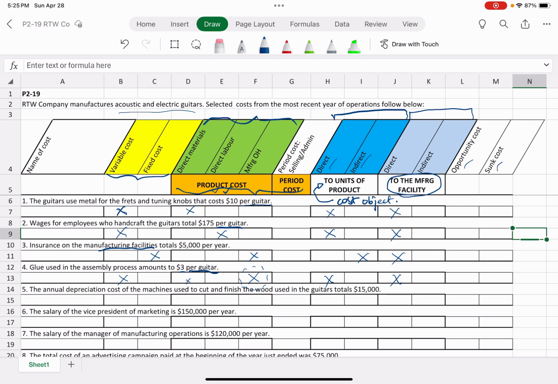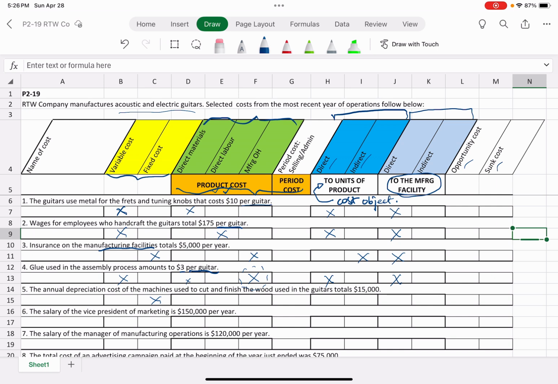The annual depreciation cost of the machines used to cut and finish the wood used in the guitars. Okay, assuming depreciation is time-based, so for example, over a 10-year period, and the machines don't depreciate based on each guitar that they process, we're going to call that a fixed cost, because it just depends on how many months have passed.